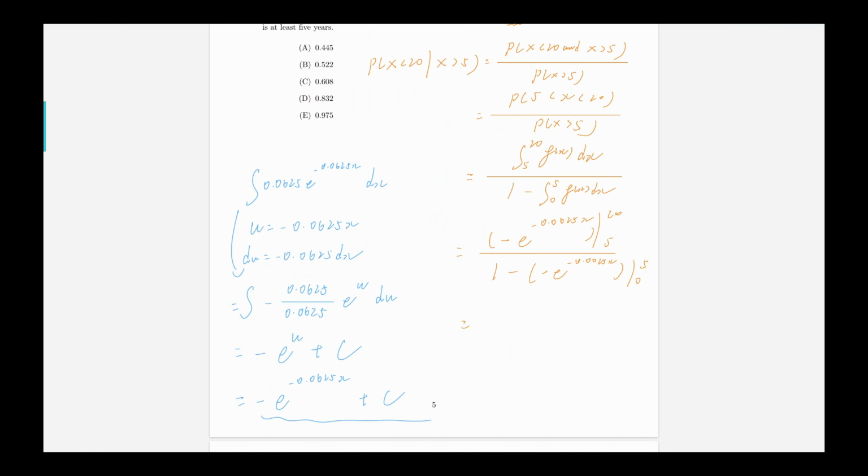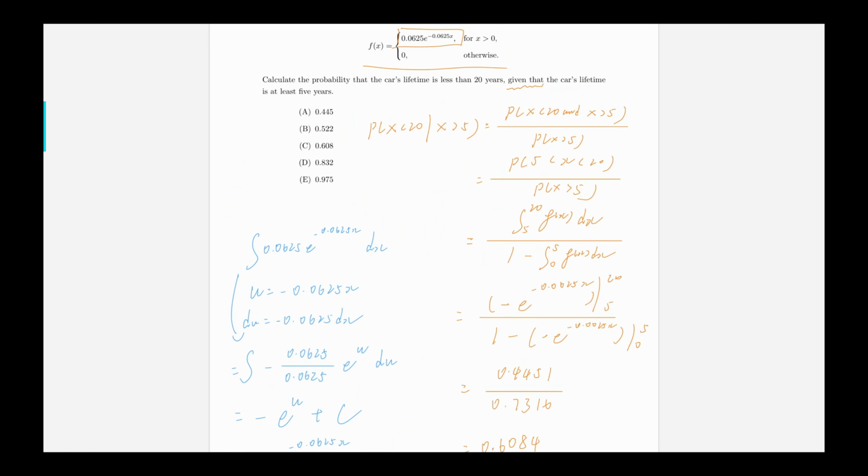Okay, and just use a calculator to do that, and I'll get 0.4451 over 0.7316, which equals 0.6084. Okay, so the correct answer is C.